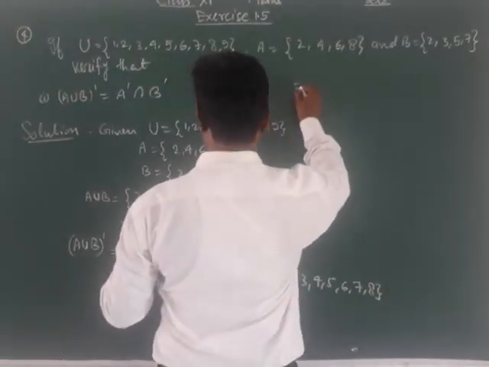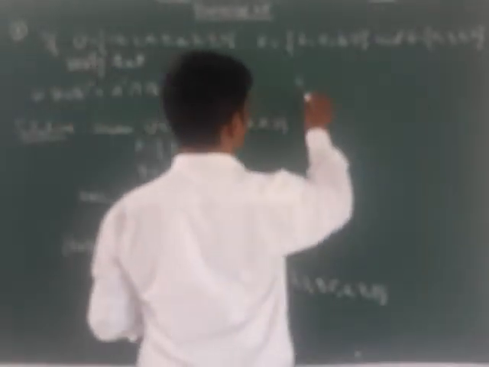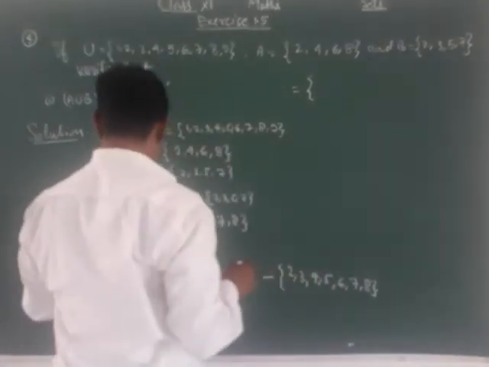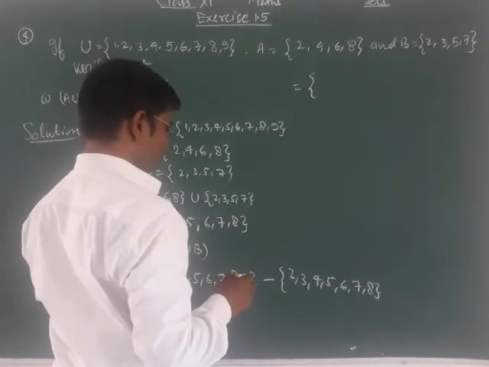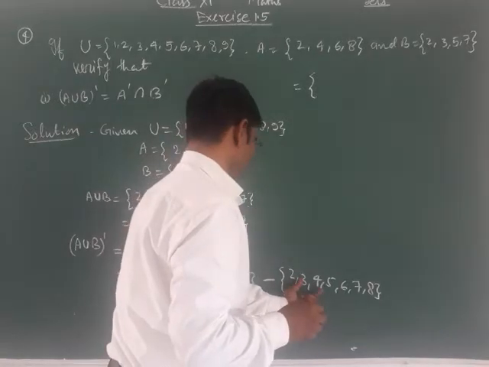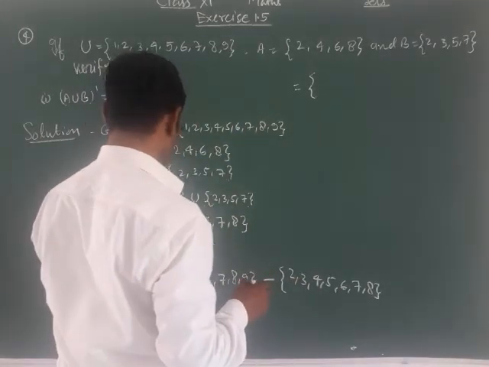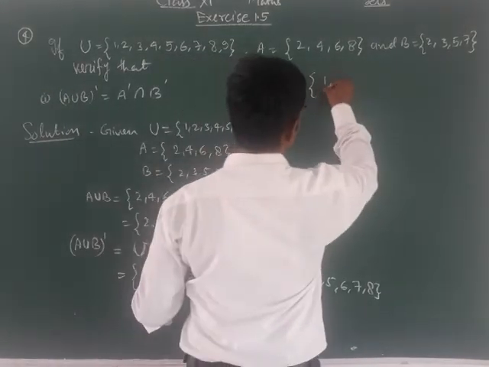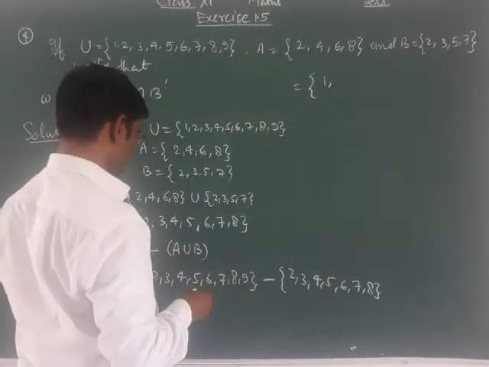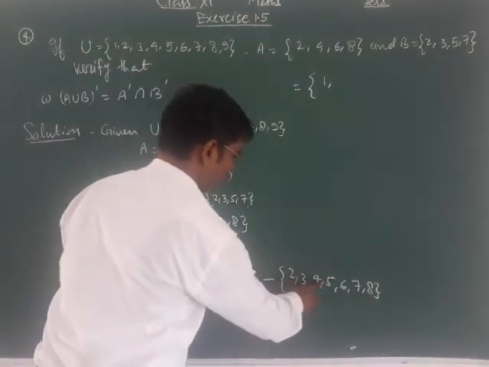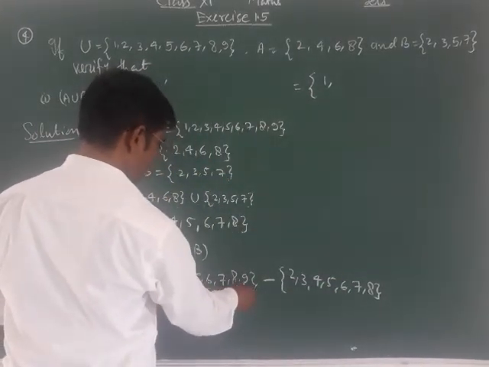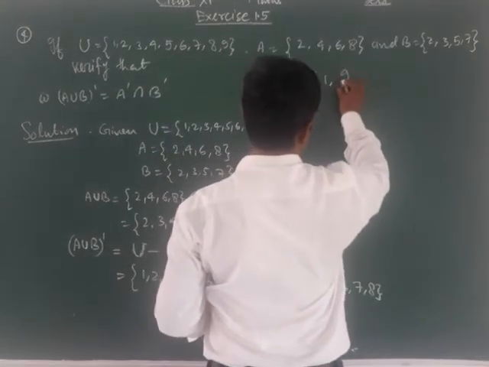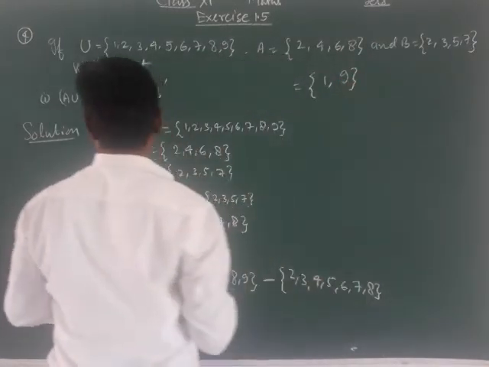So the complement of A union B consists of those elements of U not present in A union B. So this is 1, and 9.